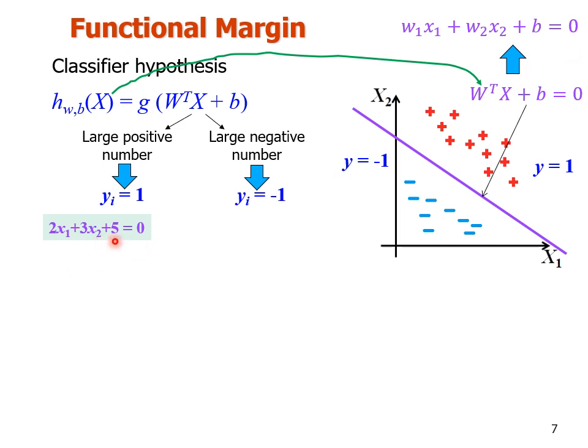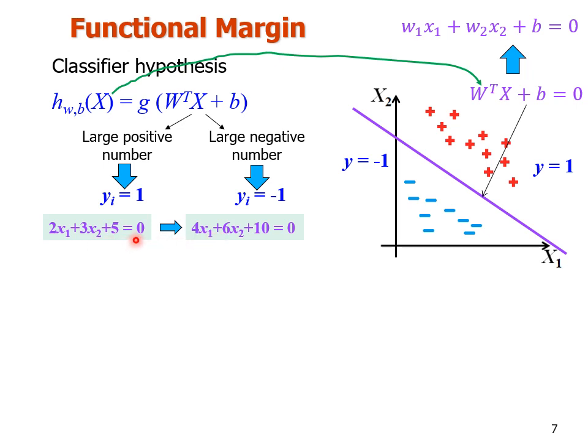Now, instead of having this linear function, if I take the function g, which is a linear function for a line or for a linear decision boundary, as 4x1 plus 6x2 plus 10 equal to 0. So earlier I denoted my boundary as 2x1 plus 3x2 plus 5 equal to 0, and now my decision boundary is of the form 4x1 plus 6x2 plus 10 equal to 0. So whether these two functions are same or not.